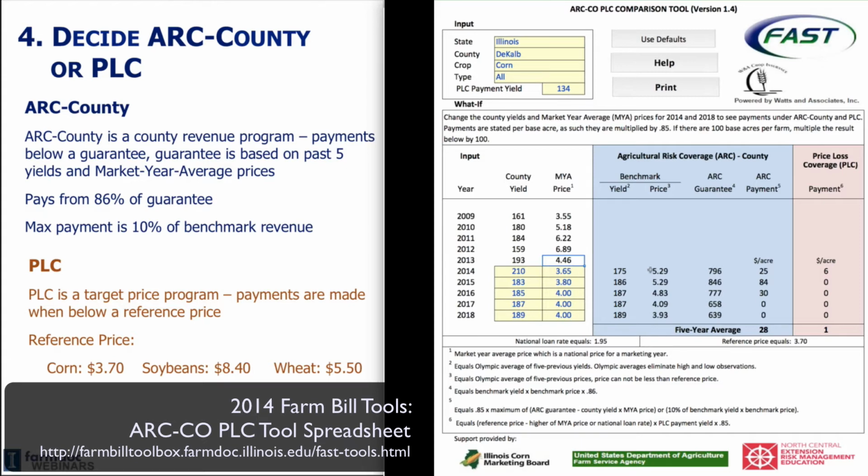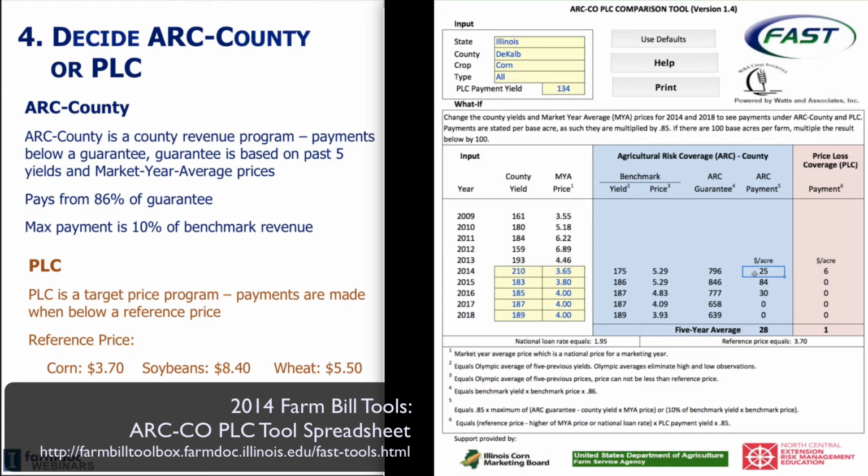So this benchmark price can never go below 370 for corn. Guarantee is 86% of benchmark yield times benchmark price. If county yield times price, multiply those together, is less than the guarantee, you'll get a payment. And in this example, we get a $25 payment. And that's a per acre payment.